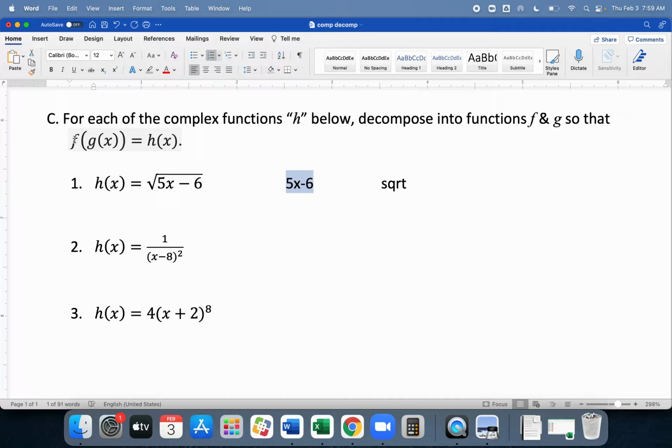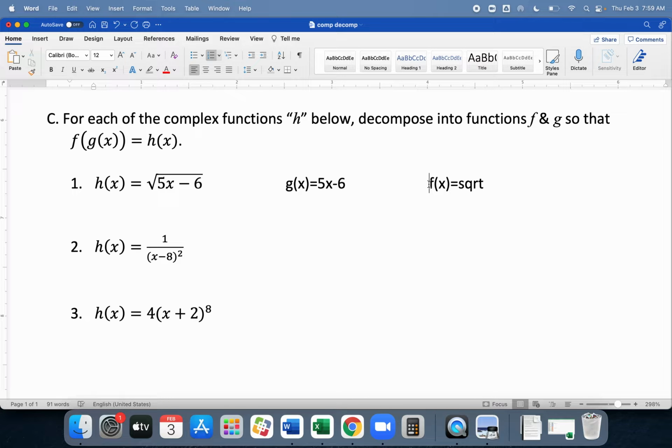In terms of writing an expression f of g of x, that means I want this first part, g of x, to be 5x minus 6. And my f of x is something about a square root. I'm just using calculator notation, SQRT, to save on this annoying equation editor.